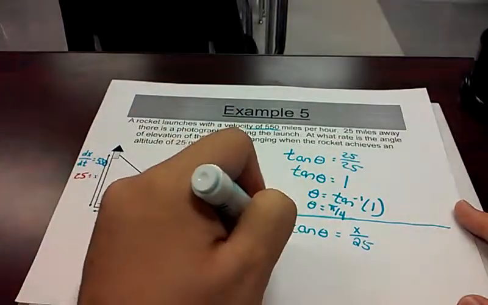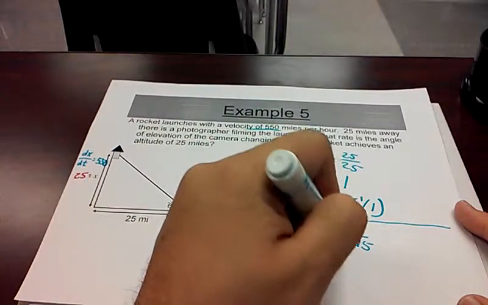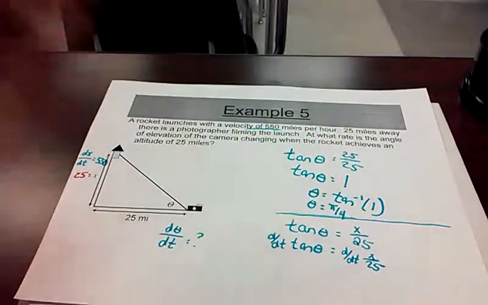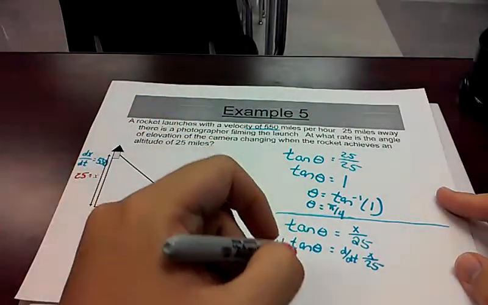All right, and then I want to take the derivative with respect to time of tangent of theta, so the derivative with respect to time of x over 25. And so the derivative of tangent is secant squared.